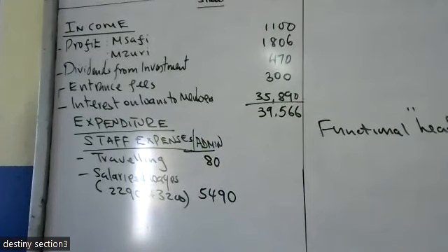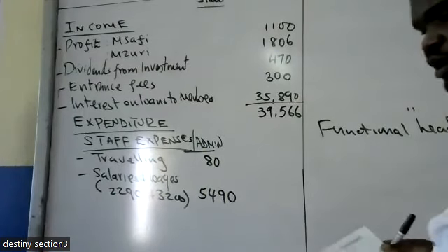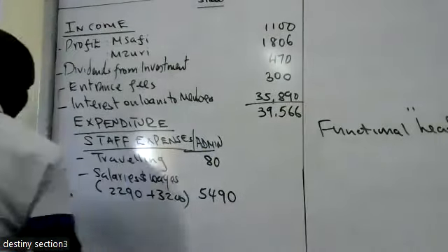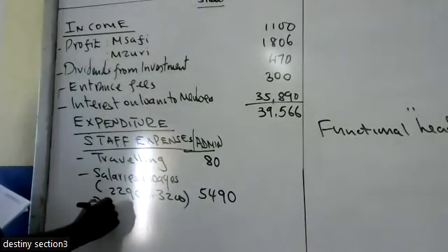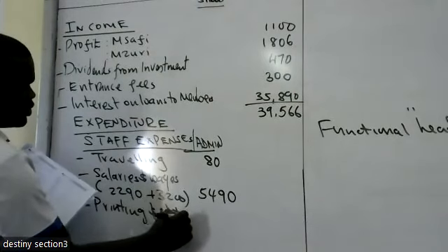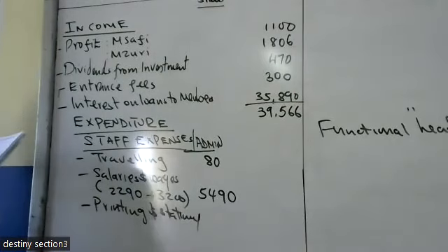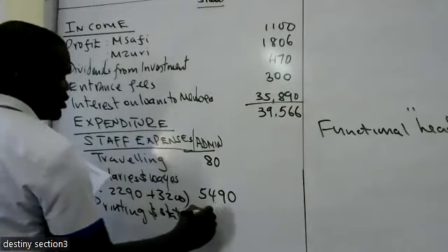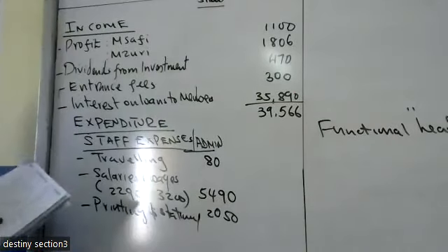So downwards, committee, no. Printing and stationery. Printing and stationery related to admin. So we have printing and stationery. How much is this? 20, 50.